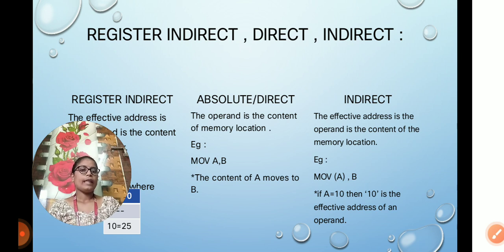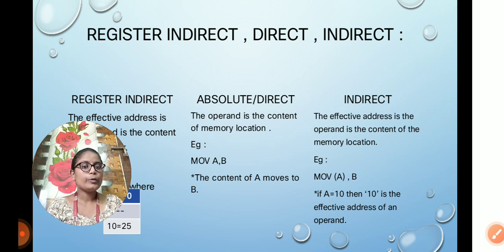Indirect addressing mode. The effective address of the operand is the content of a memory location. It is somewhat similar to register indirect, but in register indirect we are using registers as the locations. In indirect addressing mode we are using memory locations to perform operations.